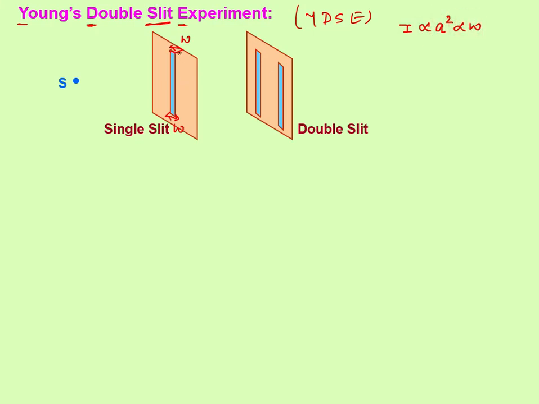If this opening is made larger, intensity on the screen increases. If we make a narrow slit, a narrow opening, intensity decreases. So this is what we meant by width of slit in our previous topic. Okay.